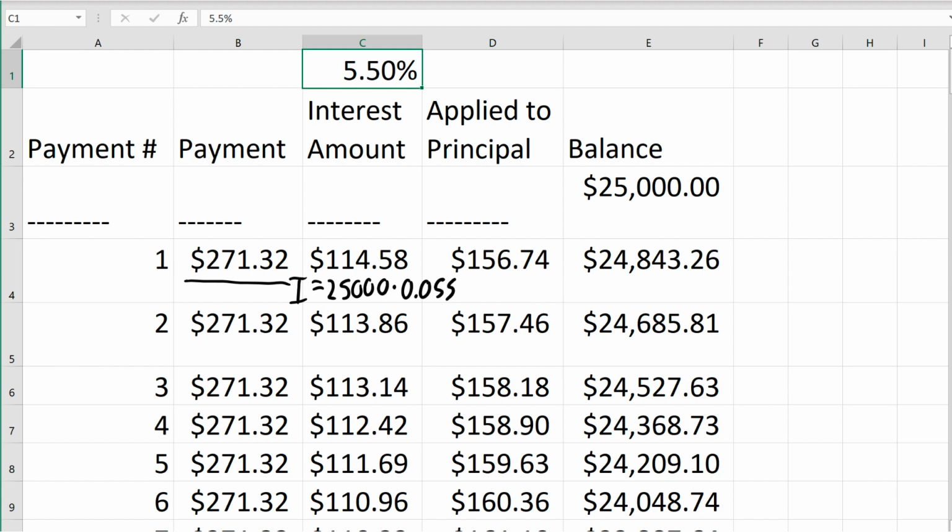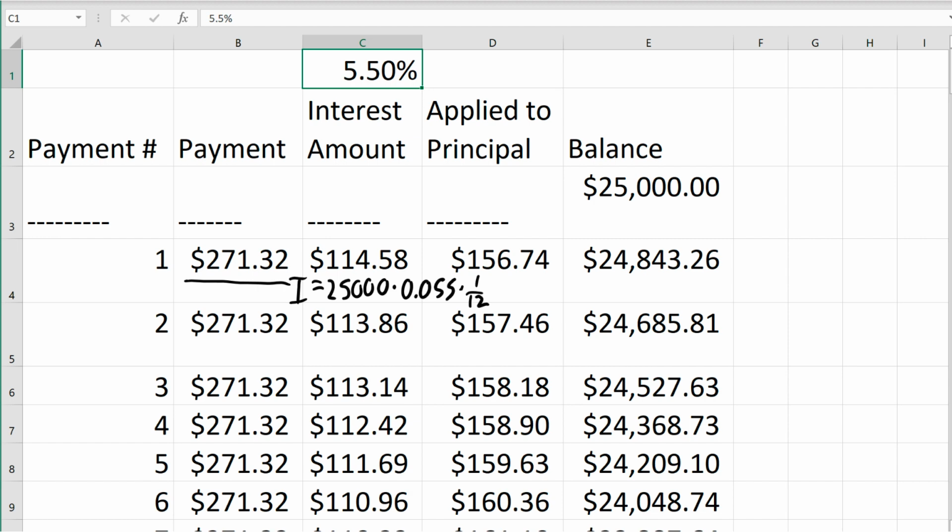We're not looking at the entire loan. We're looking at one payment of the loan. And one payment represents 1/12 of the year, because 1/12 of the interest rate is charged every month. So we multiply that by 1/12, and that's T. So I equals 25,000 times 0.055 times 1/12, and that gives us $114.58. So that's where that number comes from.